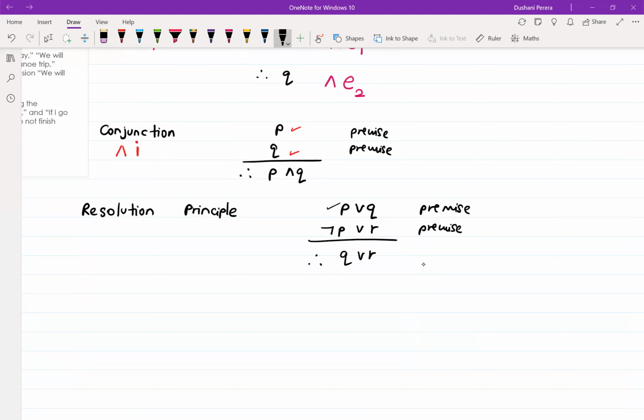Either this is true here, or this is false there. Therefore, you can say that the addition of these two is going to be true.